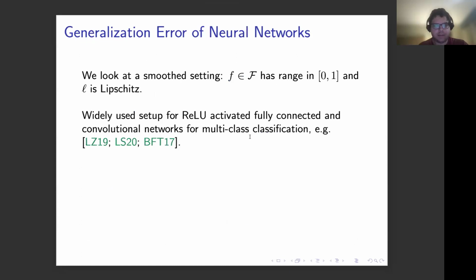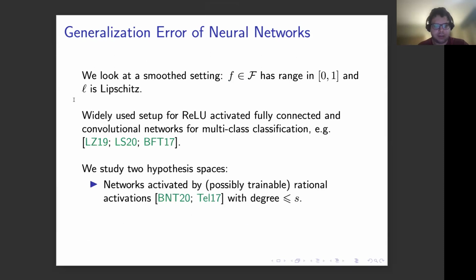Okay, so we'll look at a setting where the hypotheses take values between 0 and 1, and the loss function is Lipschitz. And this is a somewhat standard setting for classification.